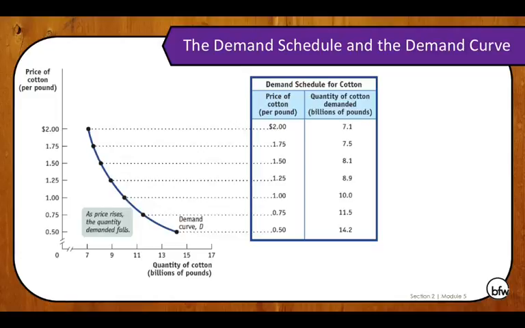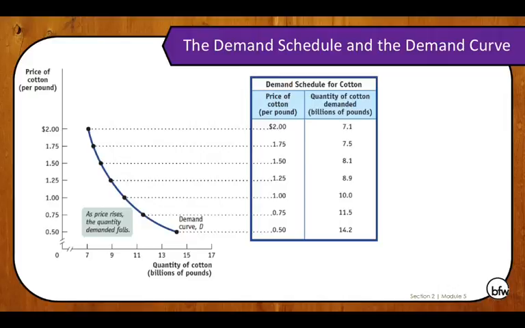Price is always graphed on the y-axis, and it's always important that we label our graphs. You will have to draw graphs on tests in here and on the AP exam in May, and when you do that, it is important that you fully, completely and accurately label all of your graphs, all of your axes and everything else, because you can earn points on the test and the exam for proper labeling of your graph.